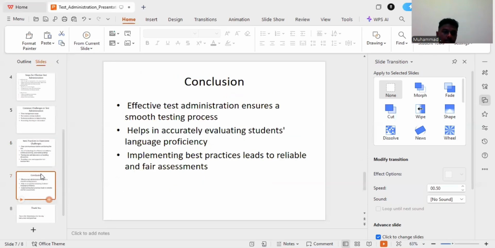In conclusion, effective test administration ensures a smooth testing process and helps in accurately evaluating student language proficiency. Implementing best practice leads to reliable and fair assessment.